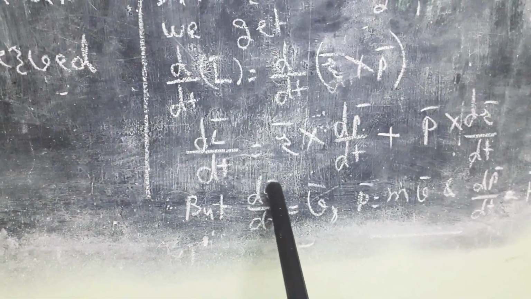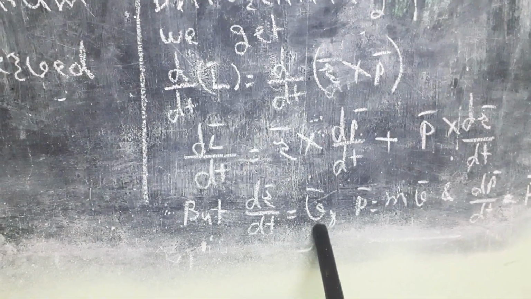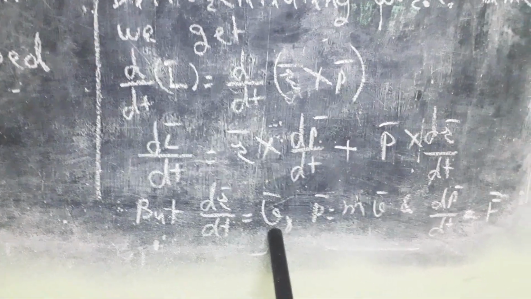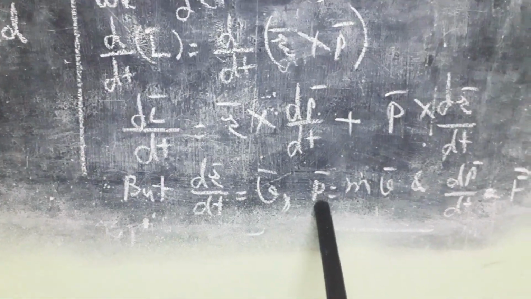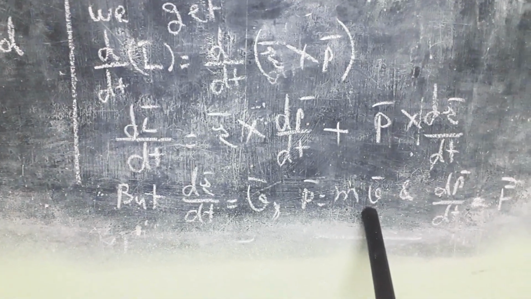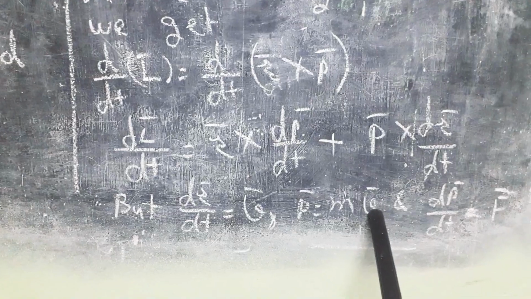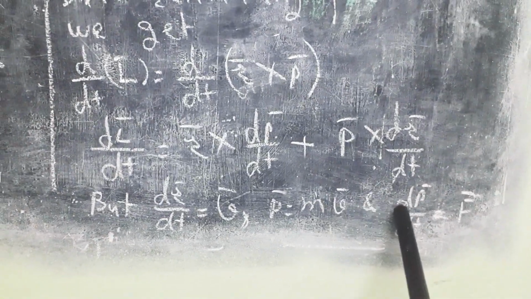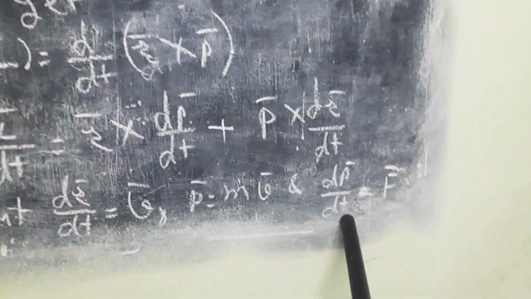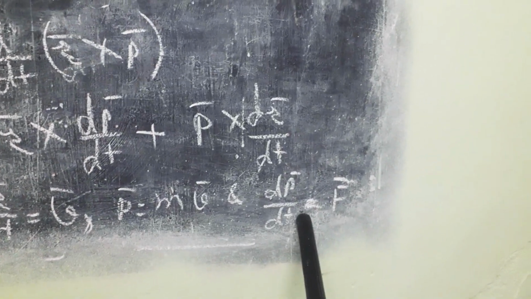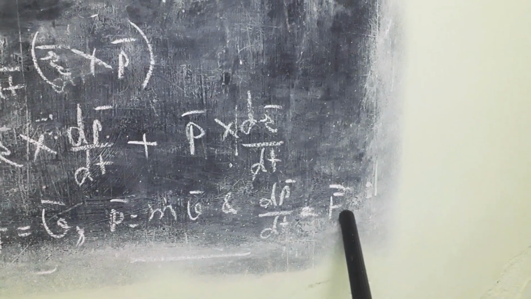But we know that dr by dt is called velocity. Standard formula is there: p bar is called mass into velocity, again v bar, a vector quantity. And dp bar by dt, rate of change of linear momentum, is called force.